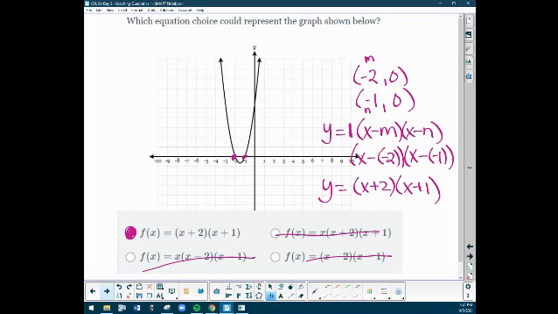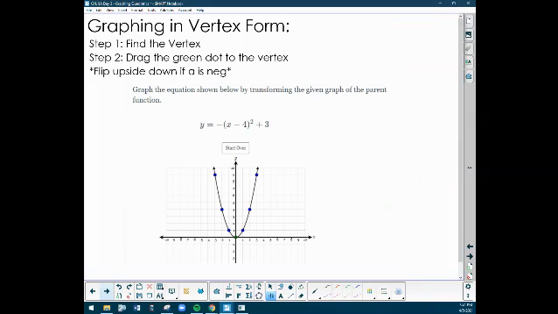Okay, so we did standard. This is factored. You don't have to graph, but you do have to be able to look at a graph and write the equation. Lastly, you can think of graphing in vertex form. The first step of this is taking the equation and finding the vertex. This is exactly what it will look like on Delta Math. Remember, vertex form: x minus h squared plus k, and the vertex is (h, k).